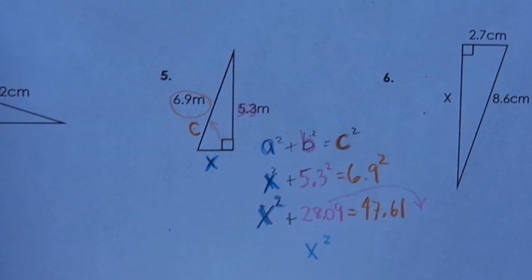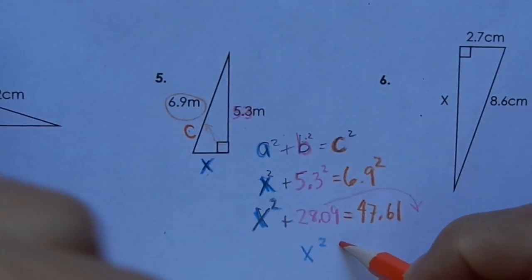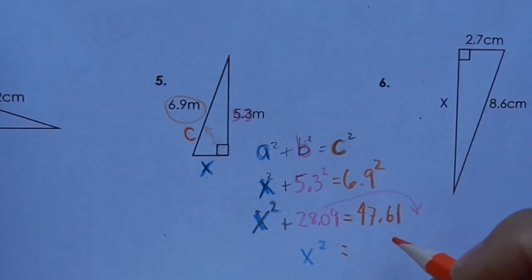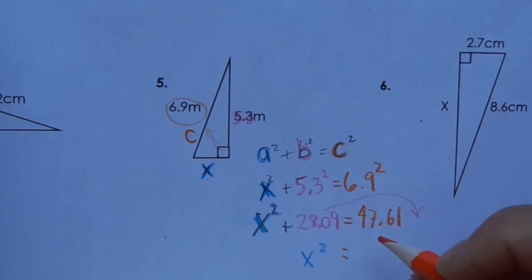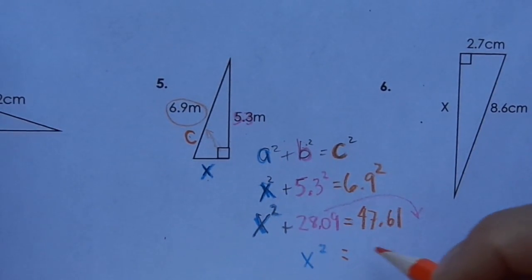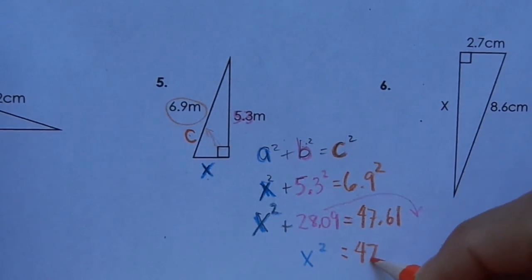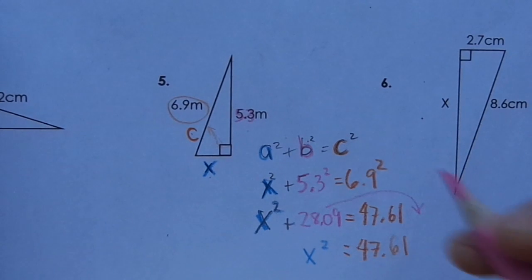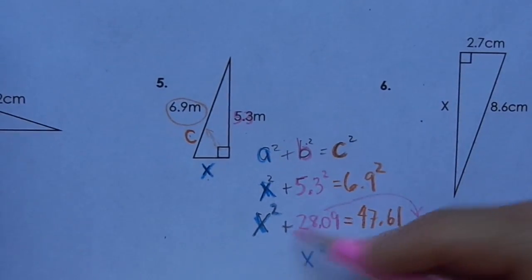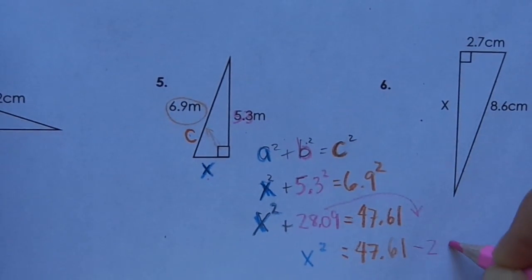X squared equals. Remember, if any of this is confusing, don't hesitate to comment in the comment section or email me, and I'll be more than willing to explain it further and maybe even redo some of these videos. Okay, so because that was positive, I move that over, it becomes negative 28.09.